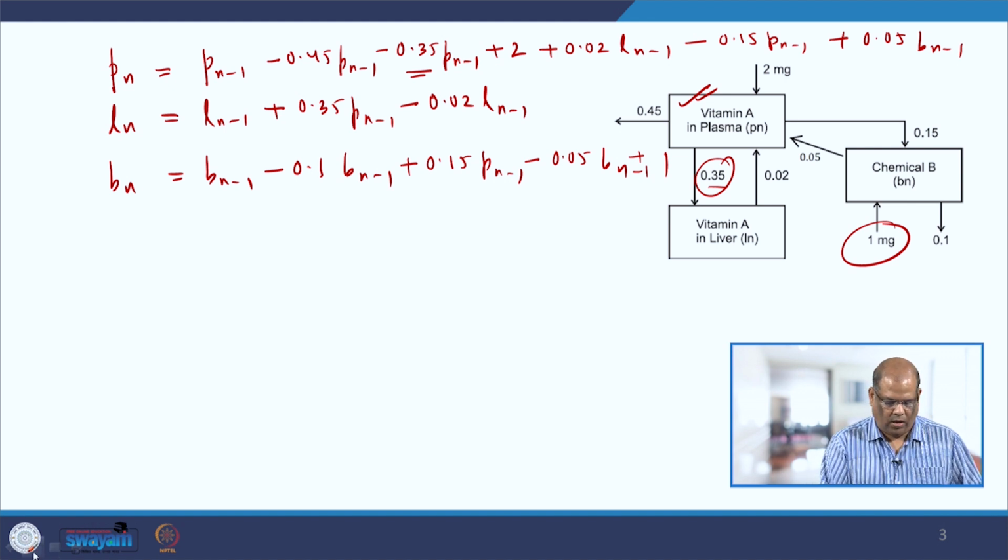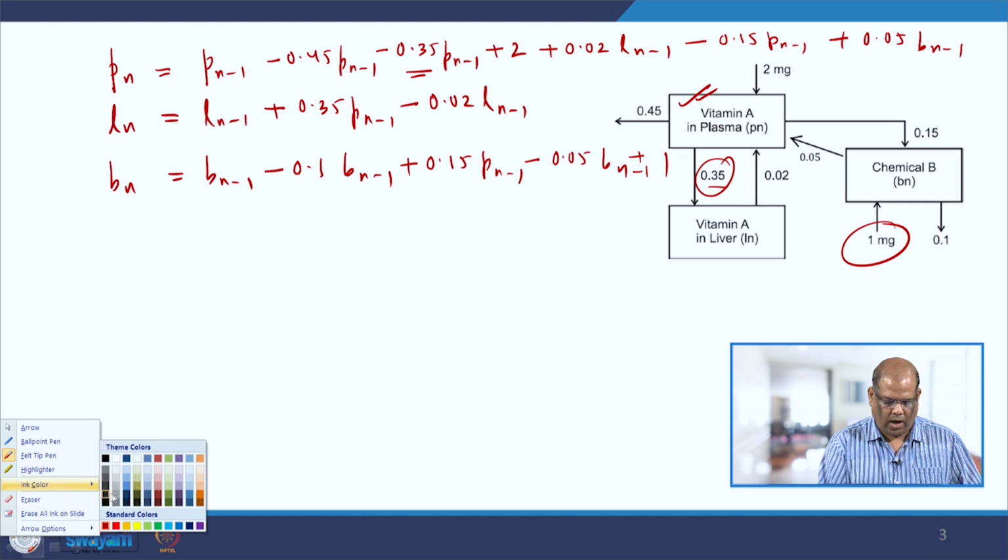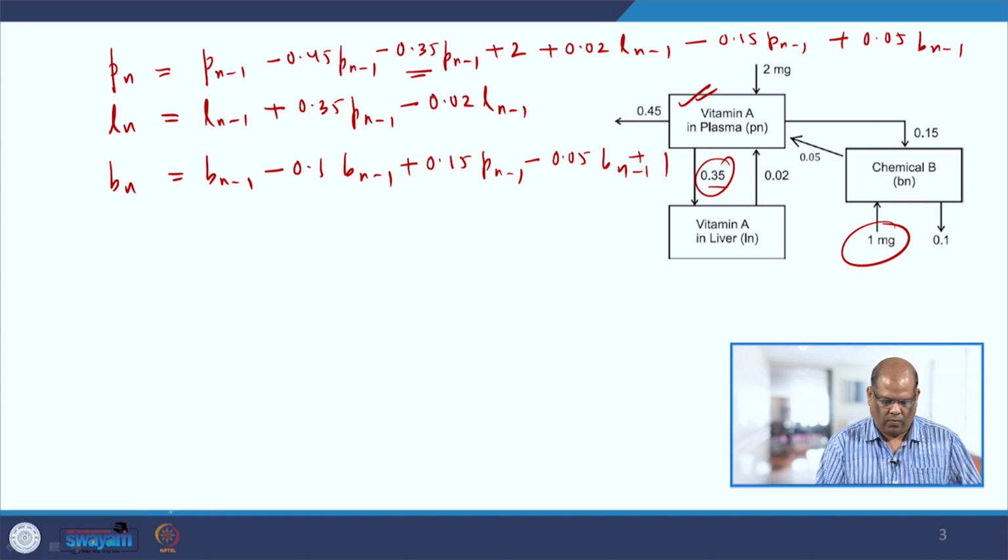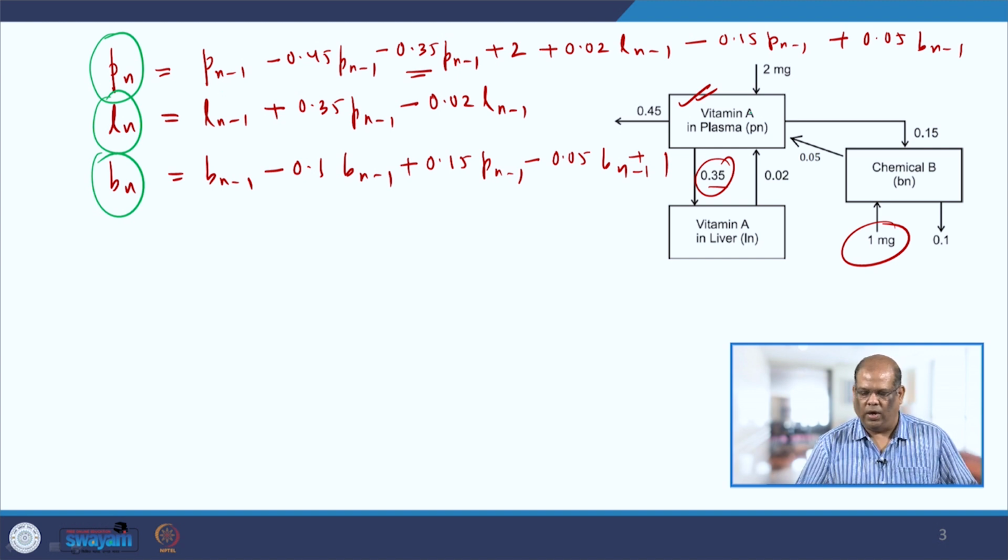If I go through the model one more time, it looks a bit complicated, though if you remember it stepwise, it is easier. This is the amount of vitamin in the plasma at time n, this is at n minus 1, and then you see what is going out and what is coming in.